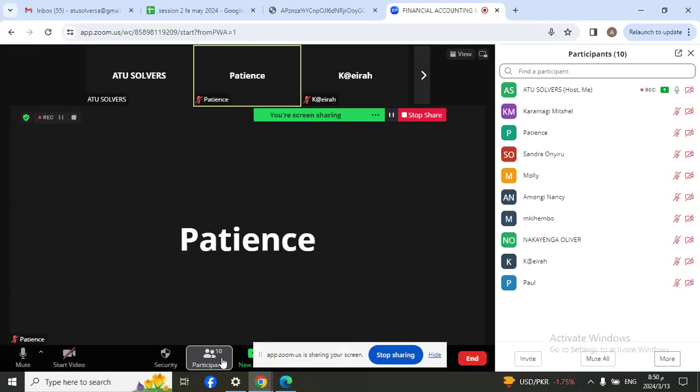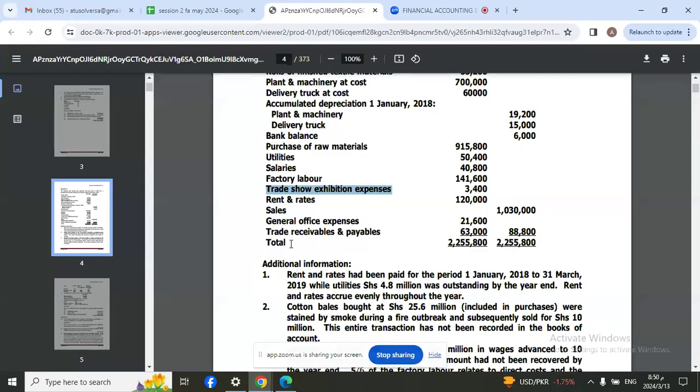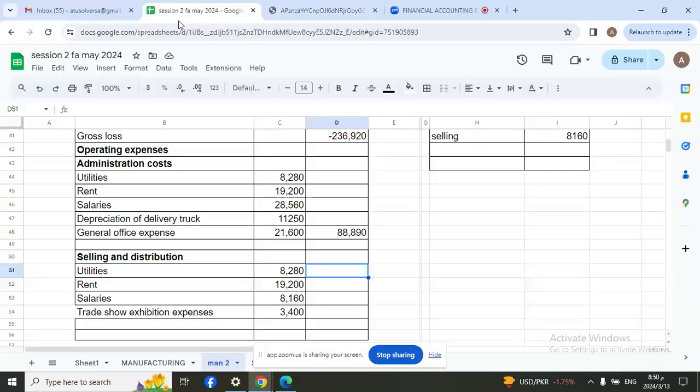Okay, so do we still have any other thing? Let's check. So when you check, most of the things have been completed. So here also, we add these figures.